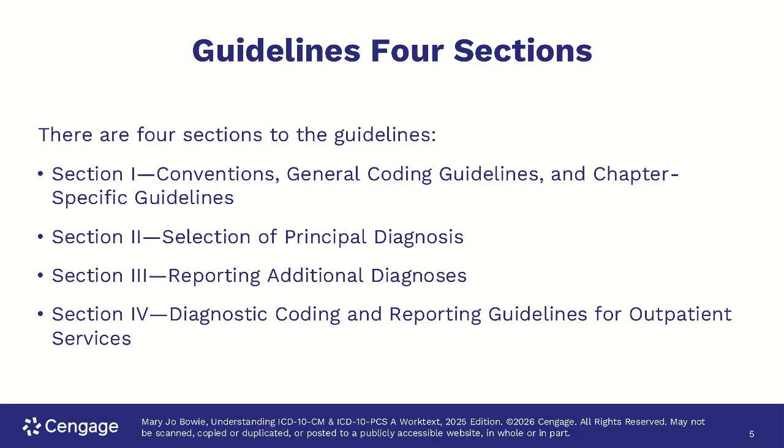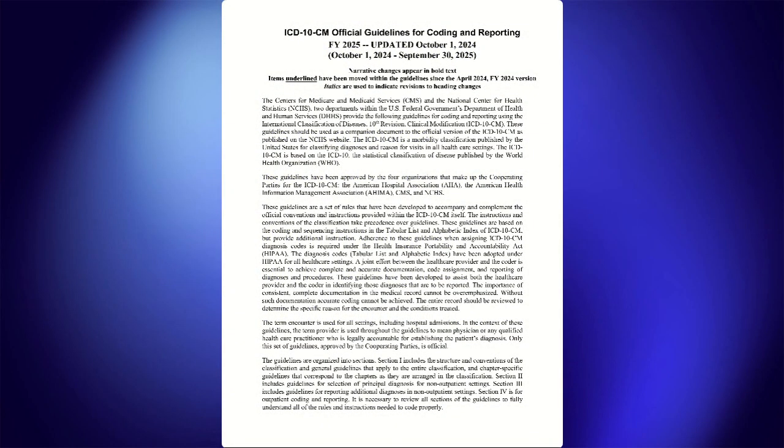Now, let me pop back over into these guidelines because I want to point out something I just said about the four cooperating parties. If you look at the screen, you should see that in the second paragraph, it says these guidelines have been approved by the four cooperating parties.